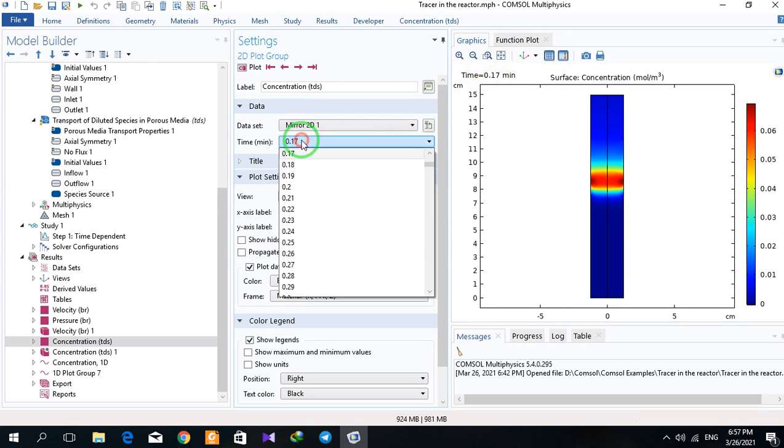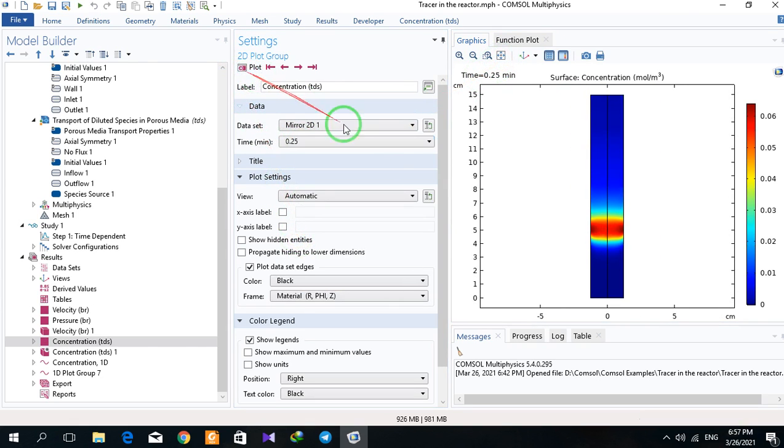So after a time, you see there is expansion in this direction, and the domain where we have tracer is increasing relatively. It is because we have axial mass transfer.